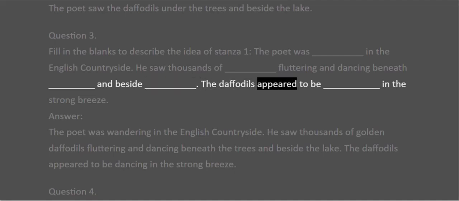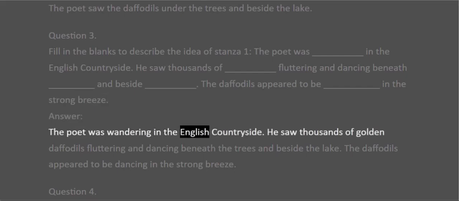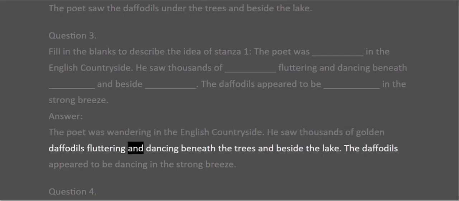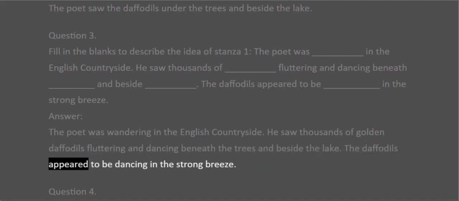The daffodils appeared to be in the strong breeze. Answer. The poet was wandering in the English countryside. He saw thousands of golden daffodils fluttering and dancing beneath the trees and beside the lake. The daffodils appeared to be dancing in the strong breeze.